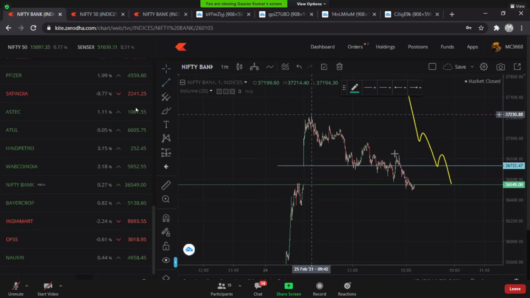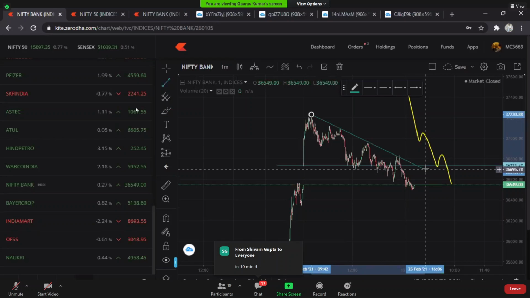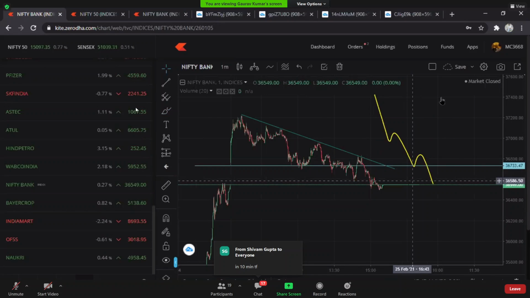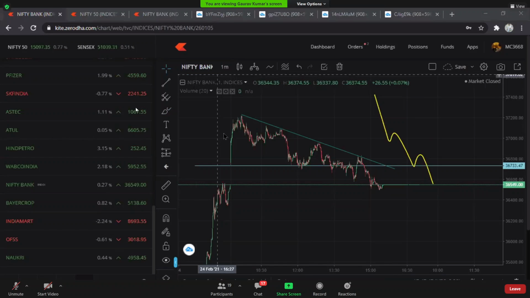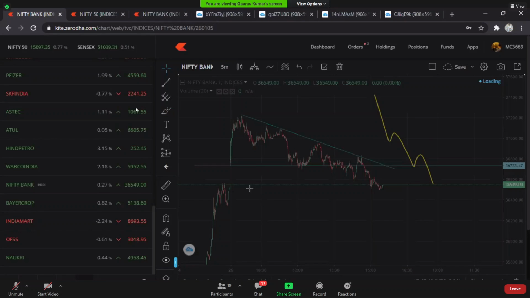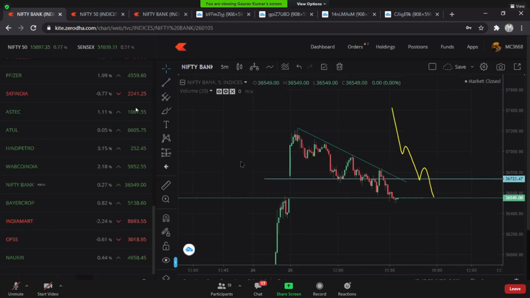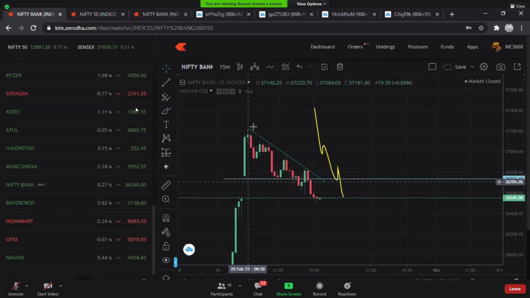But because of the volatility and stop loss hunting kind of thing, you can see the descending triangle gives a downside breakout and the thing is proven. In 10-minute time frame, 1-minute time frame, whatever time frame you say, 5-minute time frame also it is showing like this only. 15-minute time frame is what I say to look for structures. So yes, the first two candles, just see the move of the first two candles.